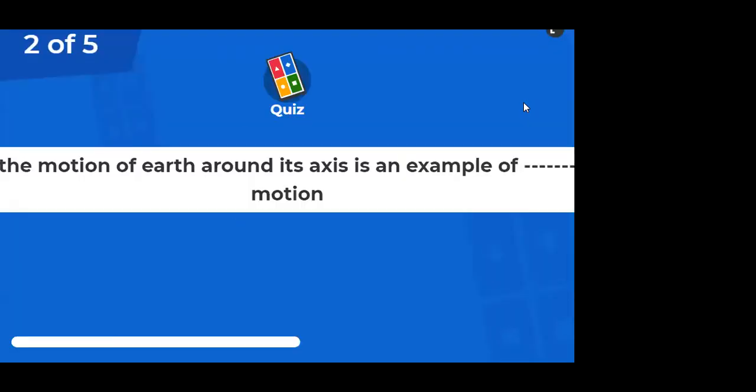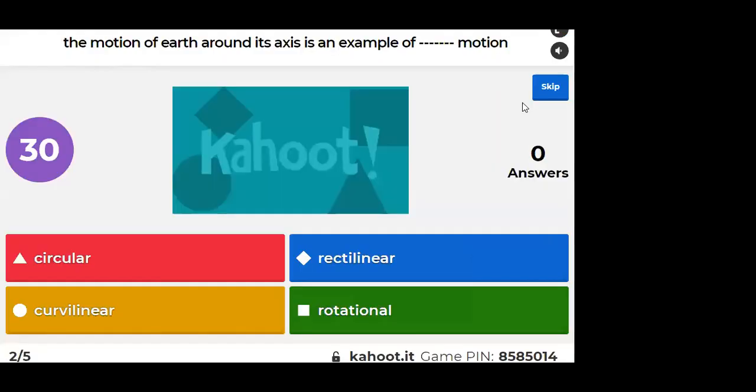The motion of Earth around its axis is an example of dash motion.